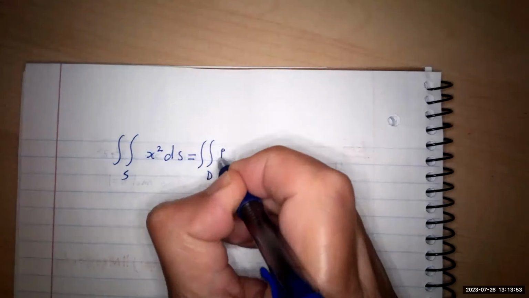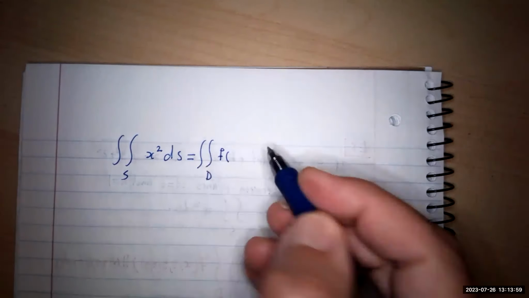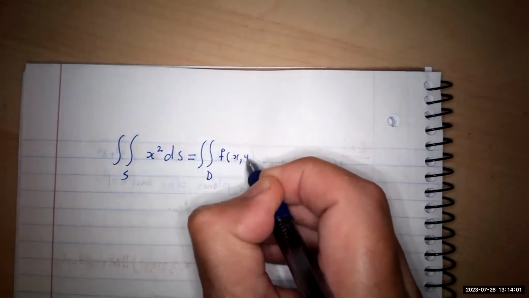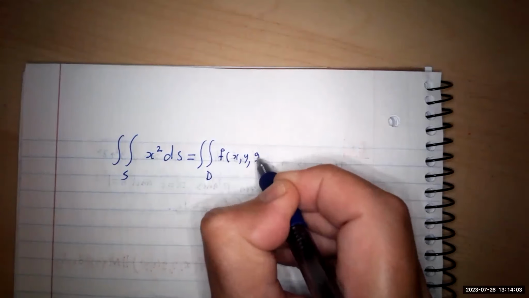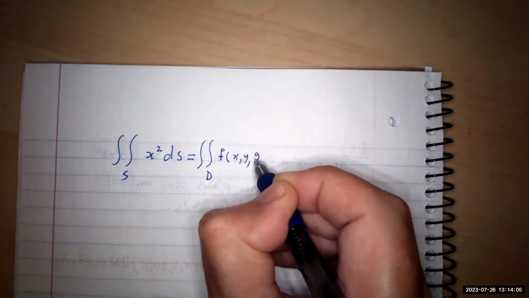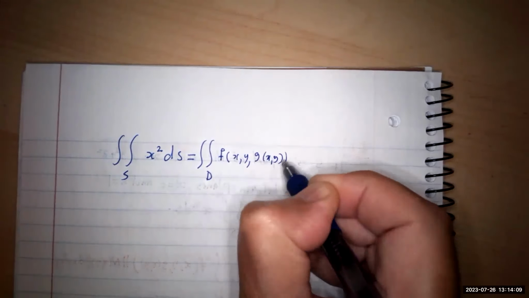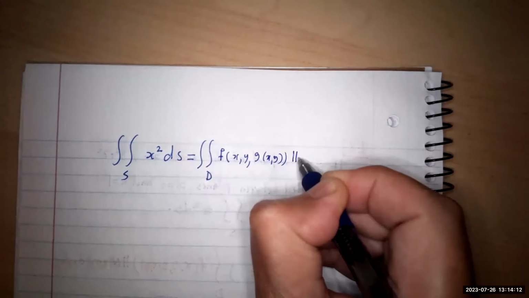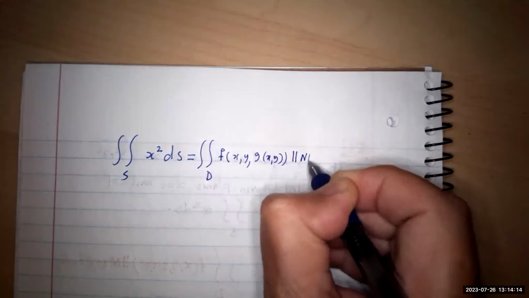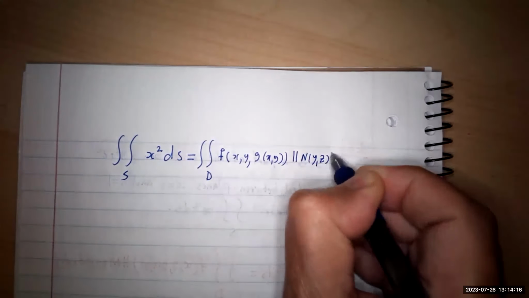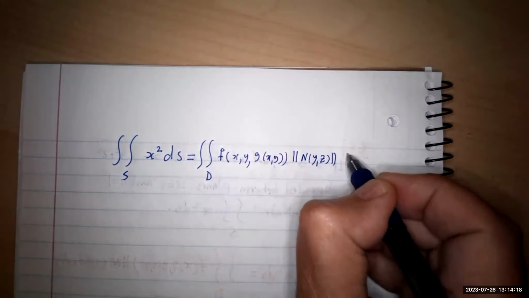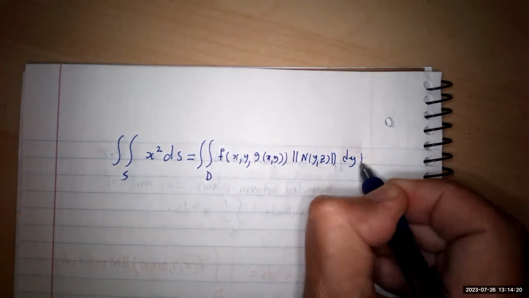The function is going to be x, y, z again, and the norm of the normal vector is going to be in terms of y and z this time, and you're integrating with respect to y and z.